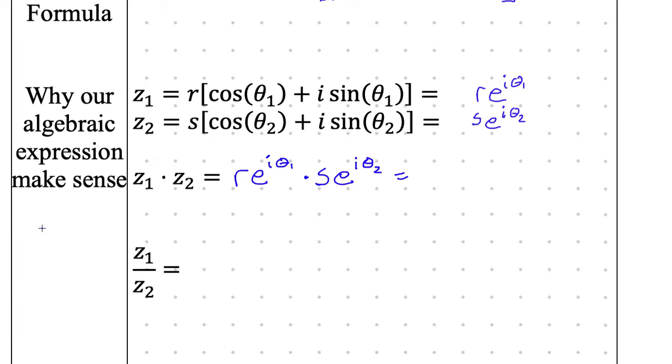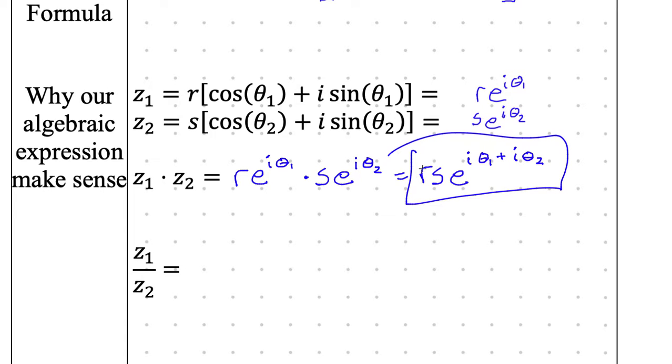This is all the way back from Algebra 1 and Algebra 2. r times s, e to the power of i theta 1 plus i theta 2. You literally add them. This is where it comes from. Done. I have it finished.